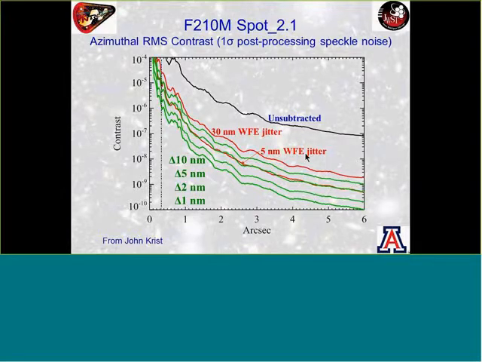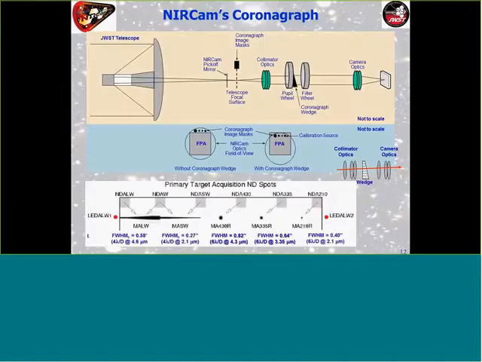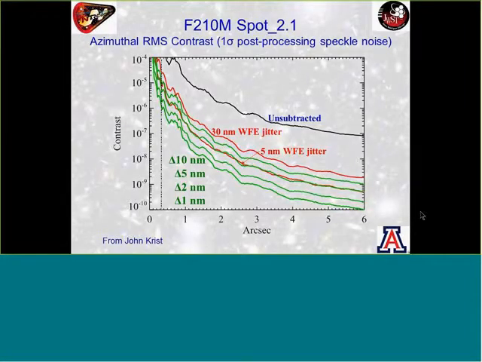And looking at using JWST in a fashion similar to what one does with HST, take an image, rotate, take another image, and difference to get rid of scattered light artifacts. The telescope might drift a little bit in its alignment in between those two images, and that's what these different curves are. We're conservatively estimating that there'll be of order 5 nanometers wavefront error change between the two images, so that corresponds to this curve here.